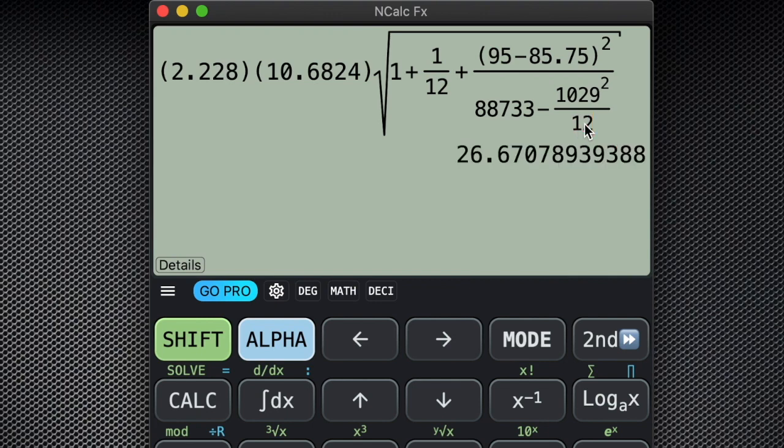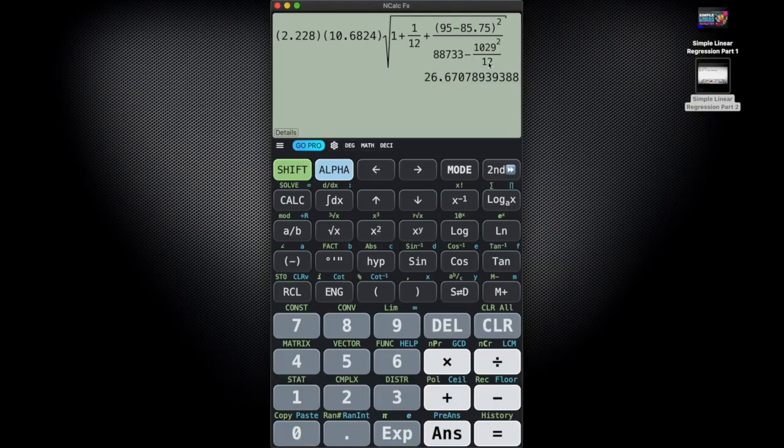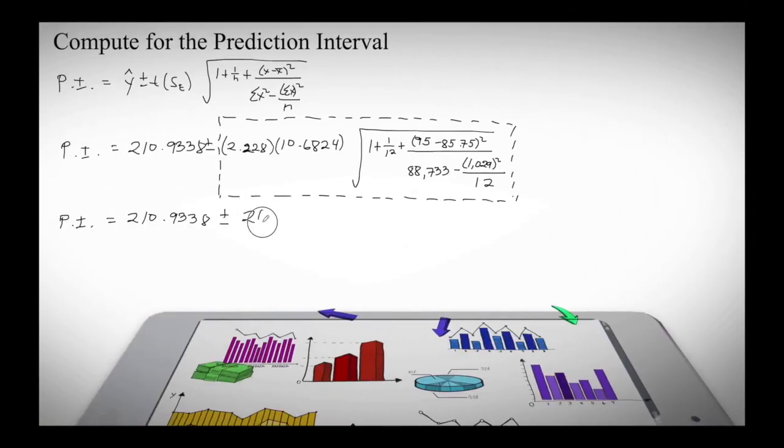The answer is 26.6707. So let's write it here.